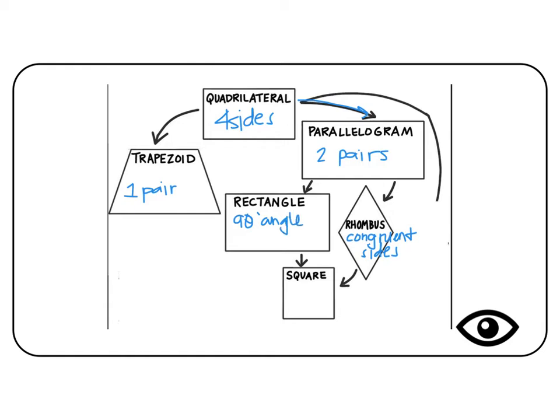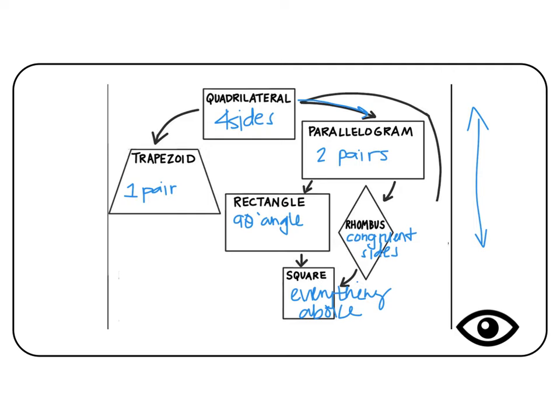And if it has 90-degree angles and congruent sides, then we call it a square. A square is everything above. So a square has 90-degree angles, it has congruent sides, it has 2 pairs of parallel sides, and it has 4 sides equal. So we can read it from the top to the bottom or the bottom to the top.